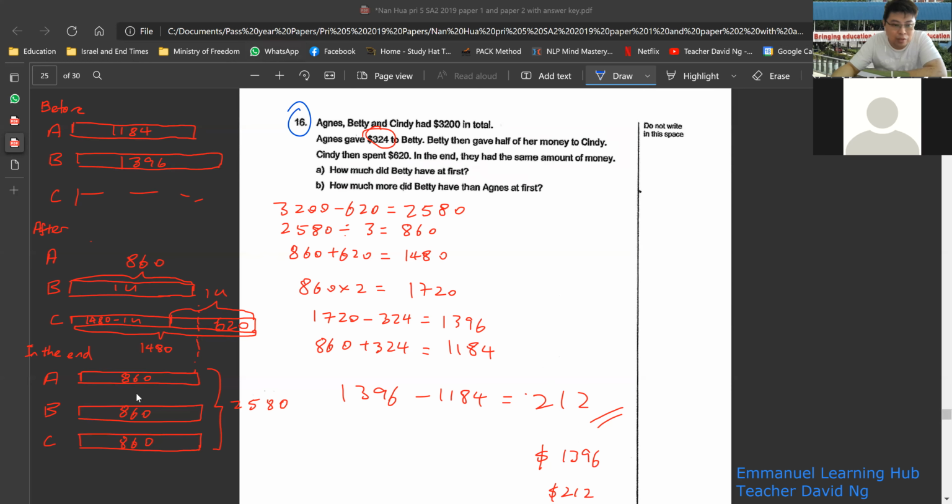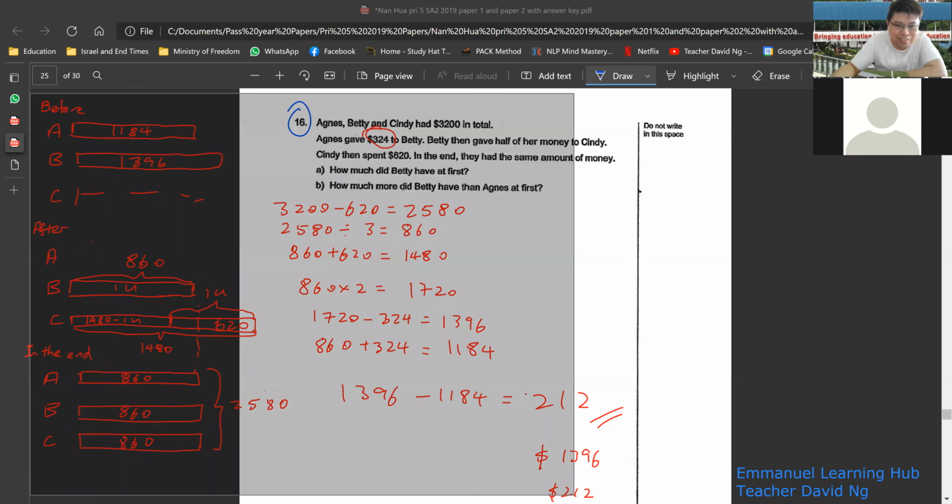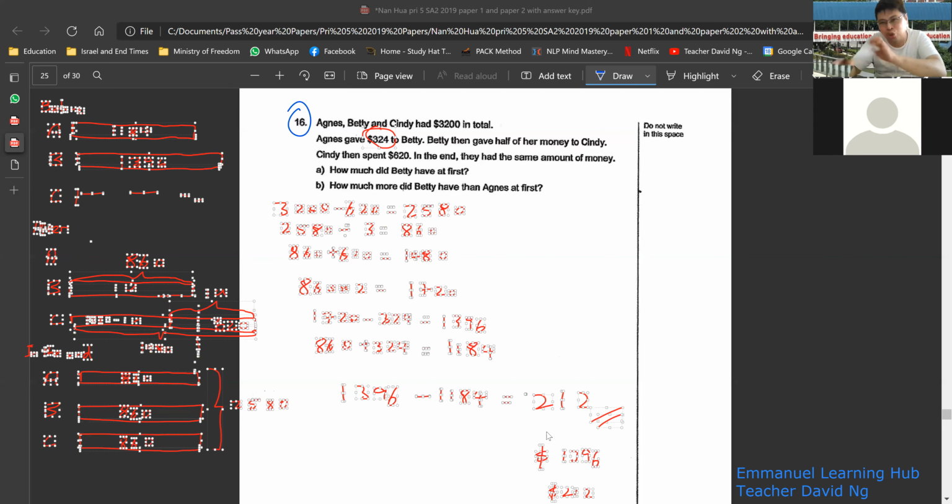So you learned something about model drawing. You don't have to draw everything. For example, this one after A, how many? I leave it blank because it's not necessary. I already solved the question. That means for model drawing, you just need to draw until it helps you solve the question.